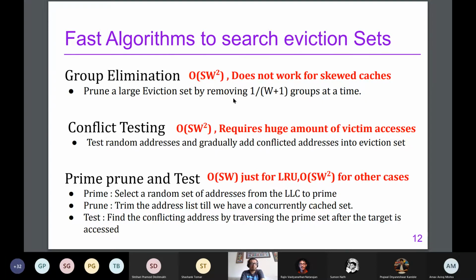Conflict testing still works, but requires a large number of accesses to the cache. Prime prune testing is specifically good for LRUs, but when you move on to other replacement policies, its time complexity increases to the order of squares.